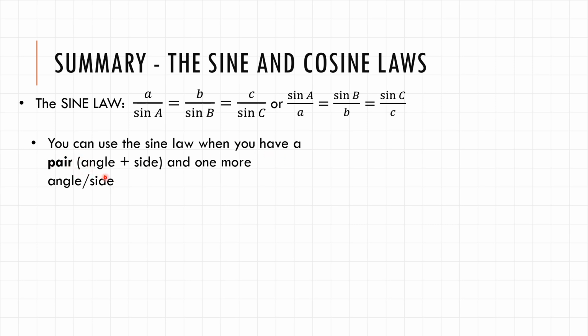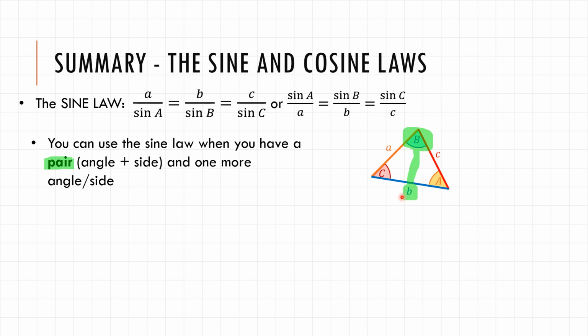What is a pair? An angle and its opposite side. So if this was our triangle here, a pair would be these two right here. And then you just need one more piece of information, either one more side or one more angle, and then you can solve the whole triangle. You can find all the angles and all the measures in a triangle.